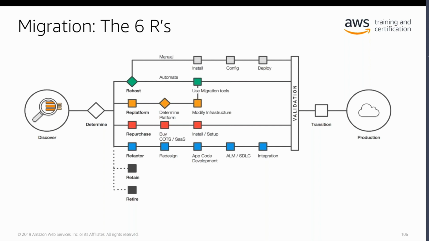Maybe you retire it. Maybe it's legacy and it's time to just shut it down. Somebody just forgot about it and kept it running. It's time to retire that old resource, that legacy product, or you just maybe retain the resource, keeping it running as is on premise today.